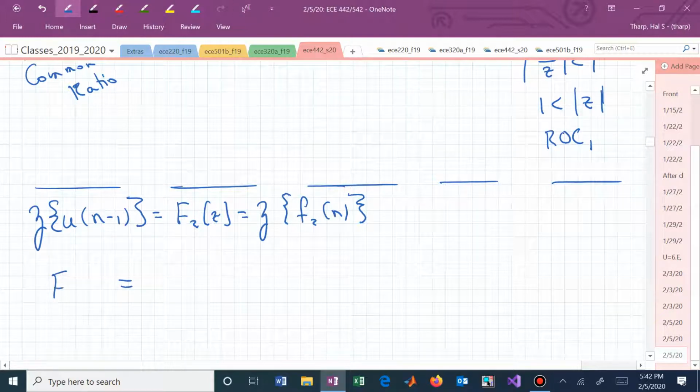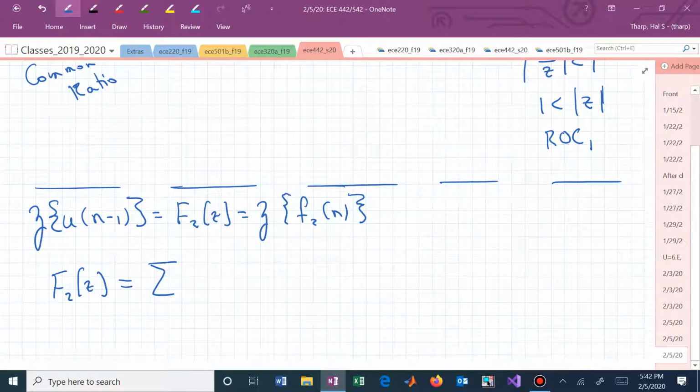If we wanted f sub 2 of z, how would we write that in a summation form? What indices do we need to sum over? Now little n doesn't start at 0, it starts at 1 and goes to infinity.